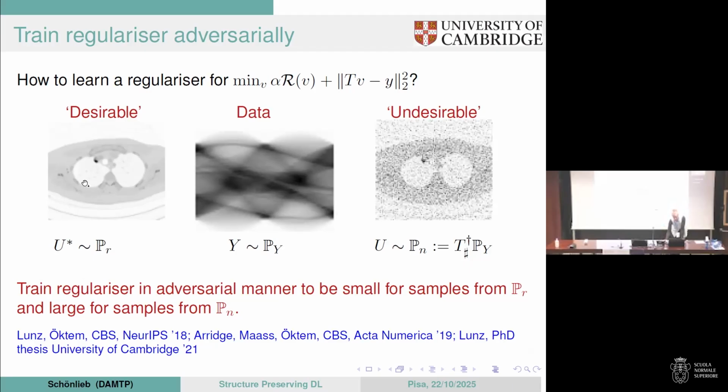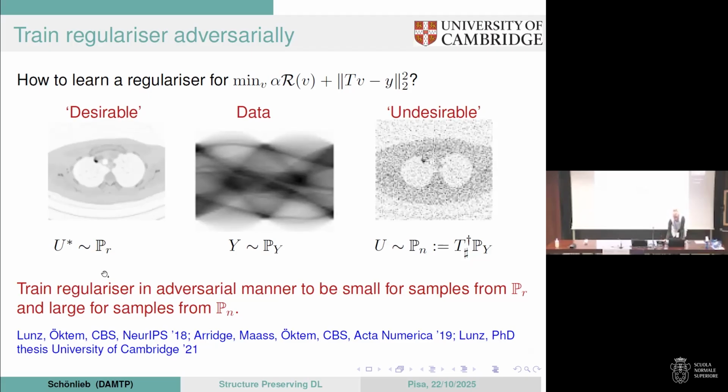So you create a training set of the desirable examples, and then a training set of the undesirable examples. Again, it depends a bit on your application, but what we did, and actually in almost all the things that we have done, is just to approximate what we think is undesirable by a baseline reconstruction. Like for instance, if you have a linear forward operator, by the pseudo-inverse reconstruction, based on the data that you typically measure and that you want to apply this variational regularization approach to.